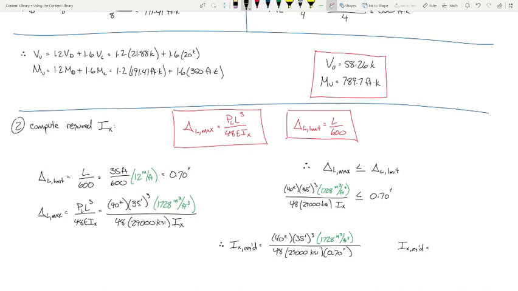Mine came out a little bigger. A little bit. 3041.38. That's what I got. Do I have a second on that? Yeah. Okay. That's inches to the fourth.